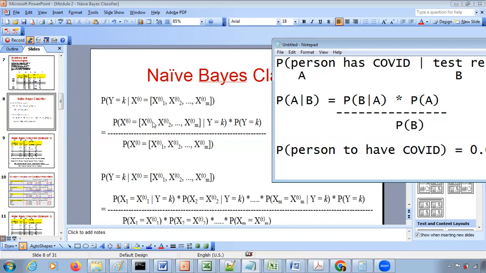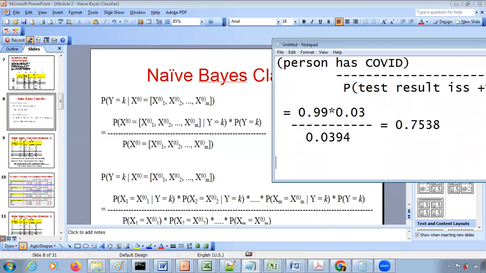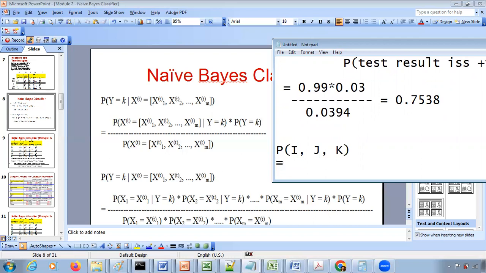Now, since the features are assumed to be independent, we can break this into multiple terms. Given that y equals k, what is the probability for the feature x1 to take the value xt1 that we observed for this test record, times the rest. Independent probability is basically this. If you have events i, j, k, what is the probability that i, j, k occur together?